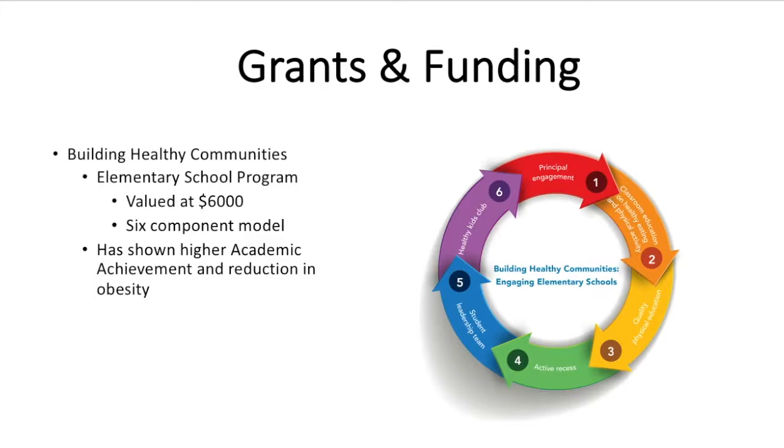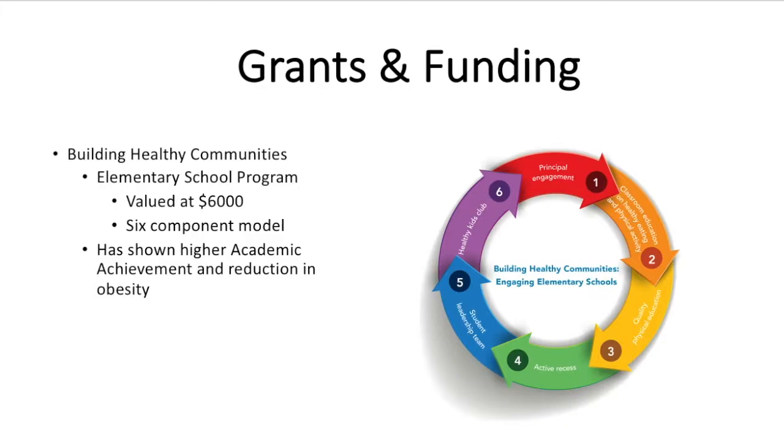Essentially, what happens is we can come in and show that if you do these 6 components, your kids are going to be healthier, they're going to have better behaviors towards healthy activities. They're going to participate in physical activity more, and they're going to eat healthier foods.